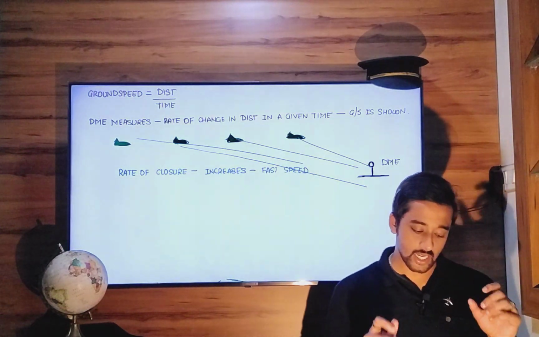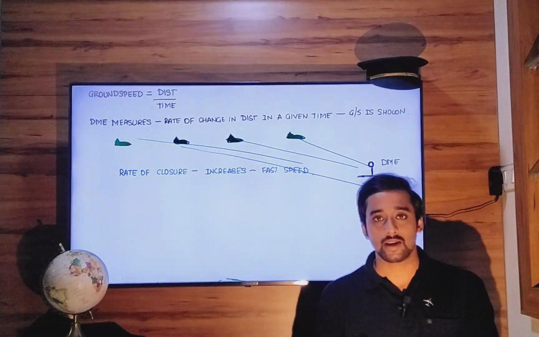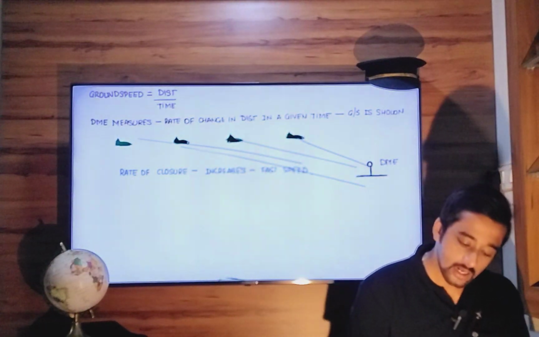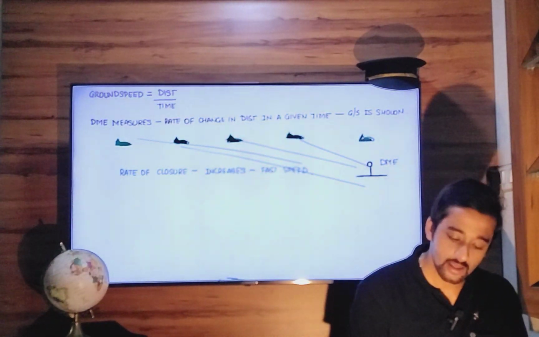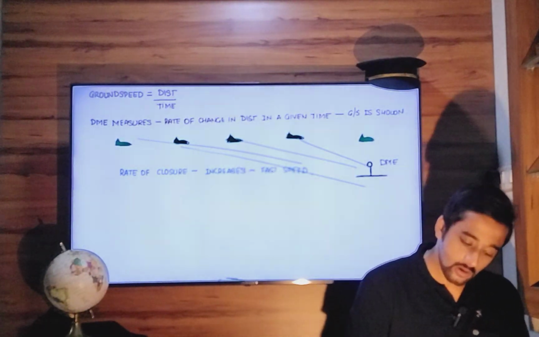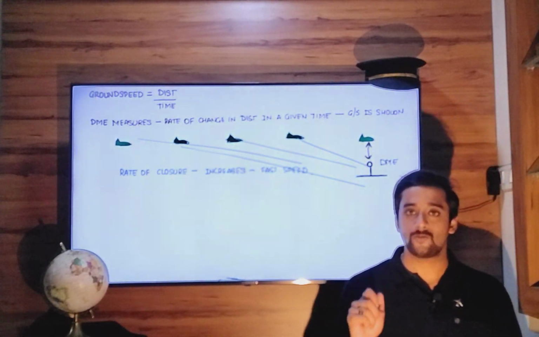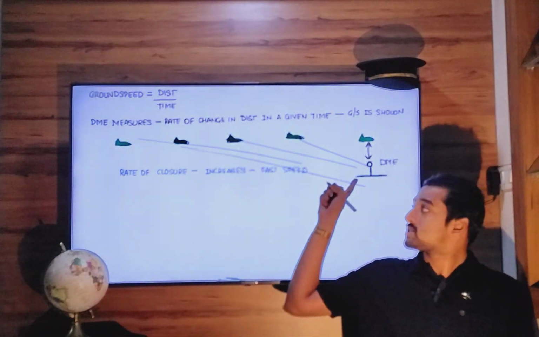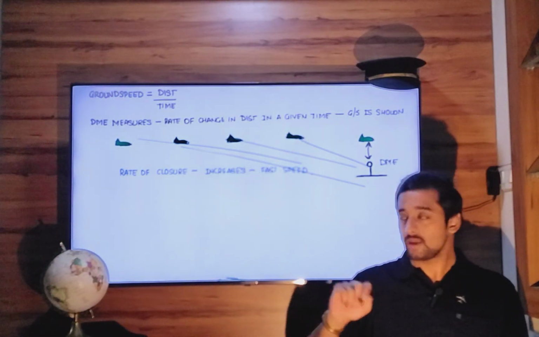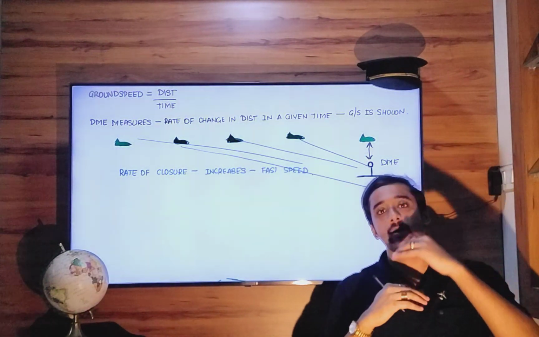So by measuring this rate of change in slant distance against time, you can get to know your ground speed. But when your aircraft is directly above this DME station, you can't know ground speed because the rate of change of slant range is zero. It is not zero when you are flying towards the station or going away from it, but it is zero when you are directly above the station.